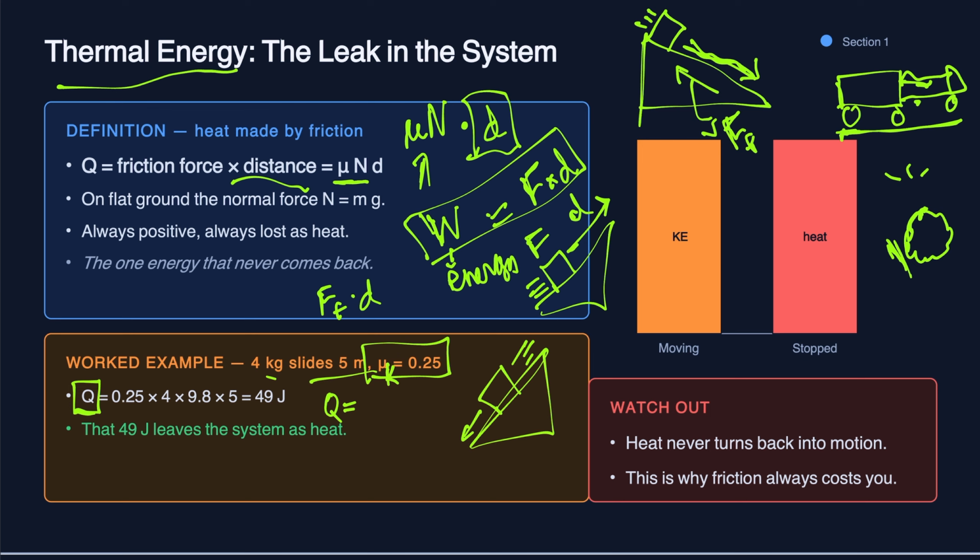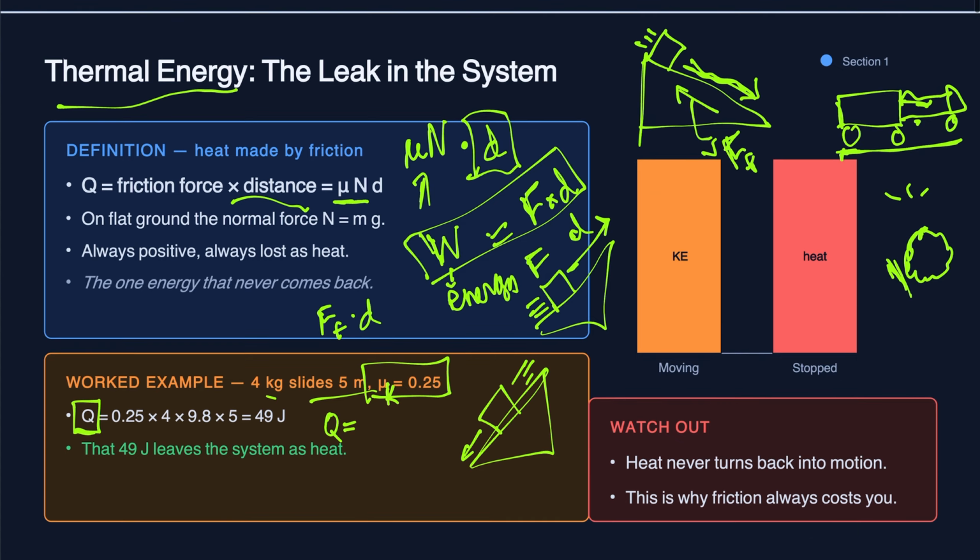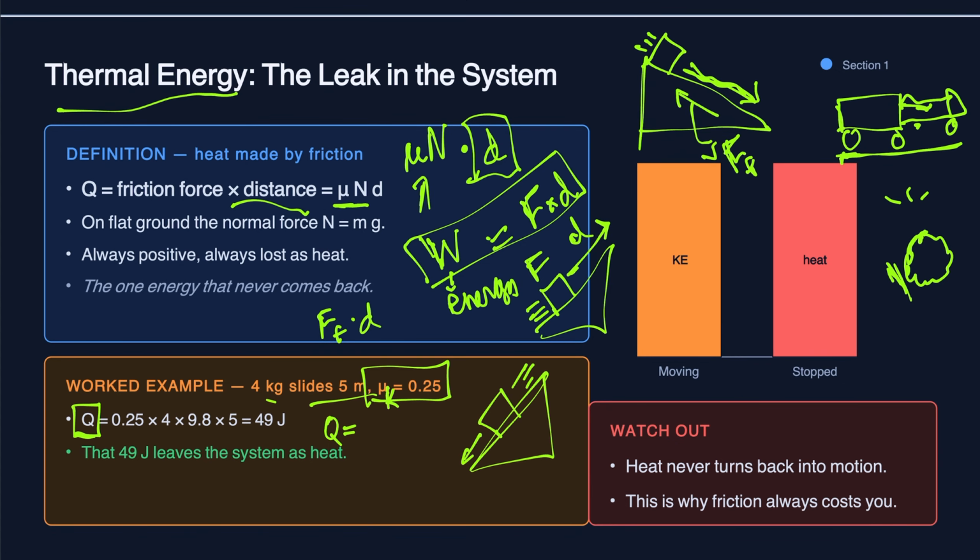Q is equal to the force of friction, right? So that's mu times n. Mu 0.25 times n. So you can imagine that since they didn't give us a theta, this would just be a flat floor, right? So in the flat floor, what is n equal to?